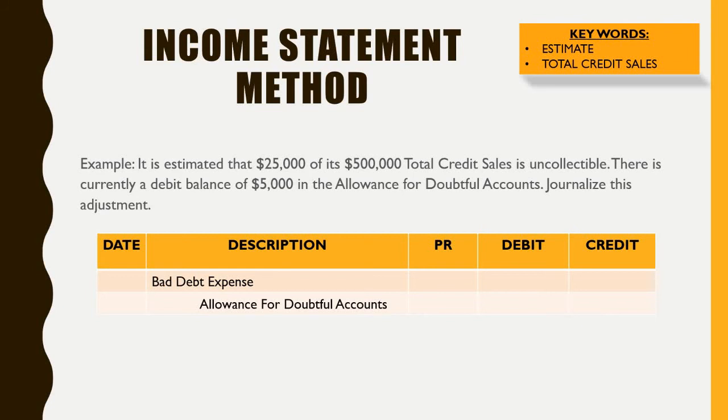Whichever one you use, that's the one you stick with. You can't be flipping back and forth every day. It's either or. I'm showing you both because they both exist and they both are correct.